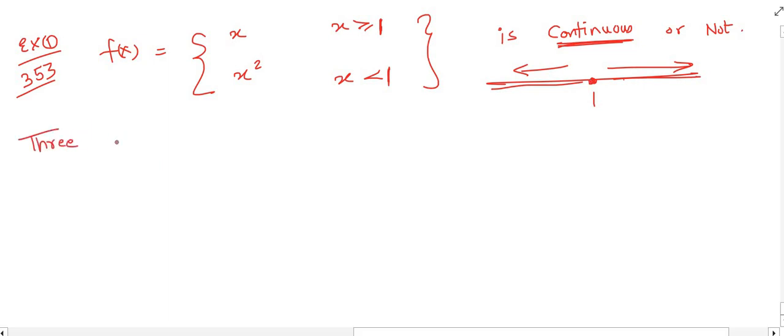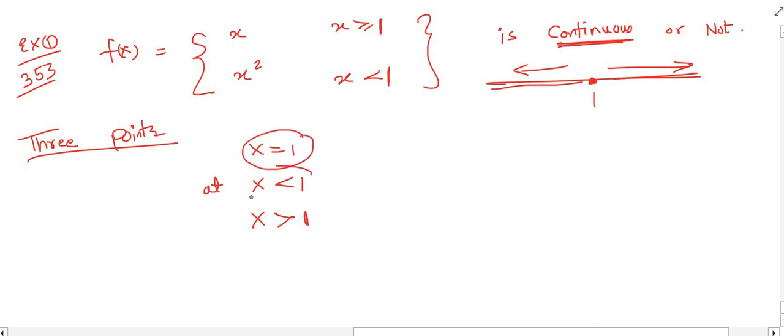So we will check continuity at 3 possible points. What will be those points? At x equal to 1, at x equal to any number less than 1, and at x equal to any number more than 1. Okay, so we will check in 3 cases the continuity of the function. Means what is happening in the function before 1, what is happening after 1 and exactly at 1.